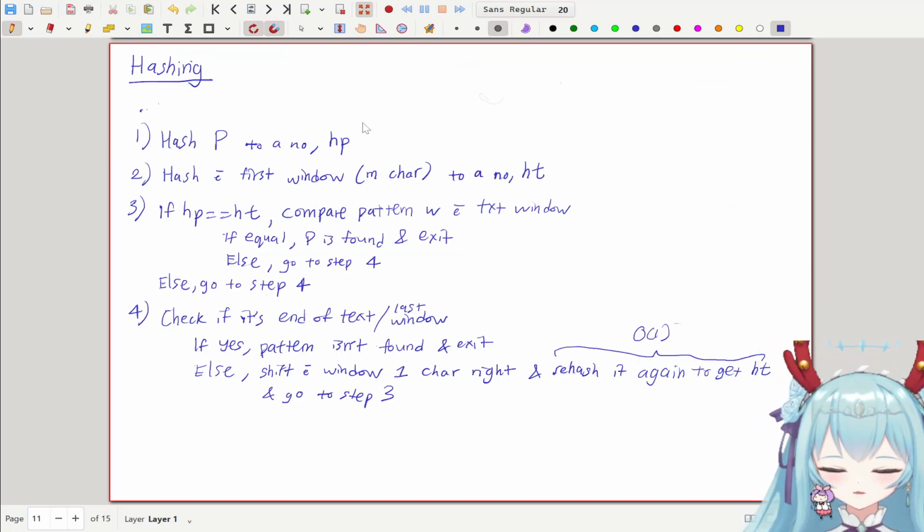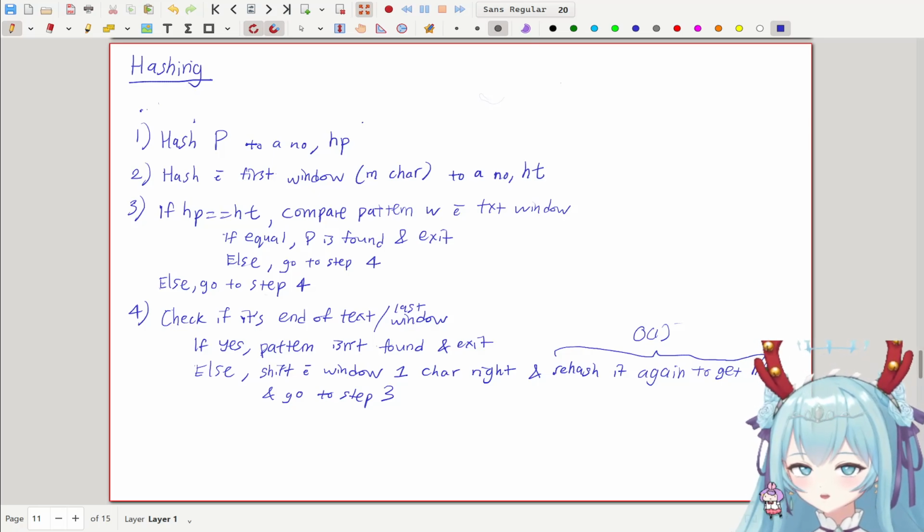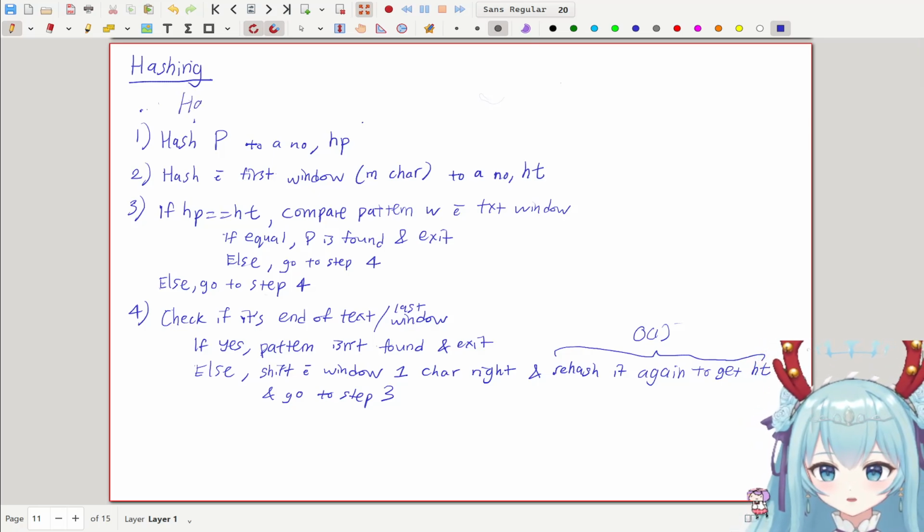Okay, so to reiterate what hashing is. Sorry, I should have defined this earlier.